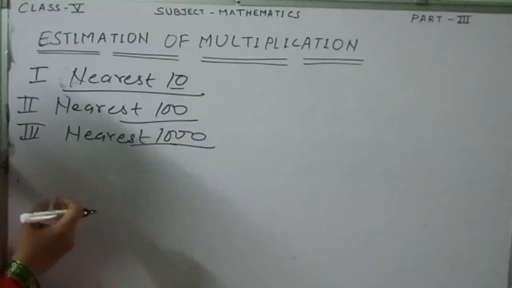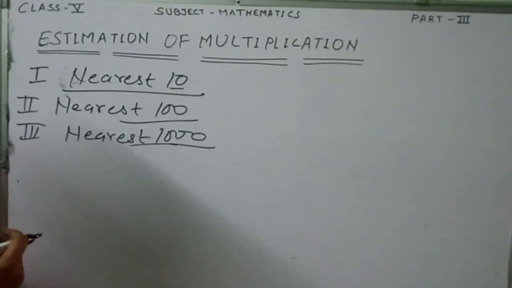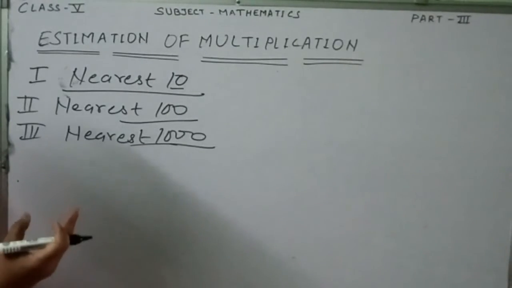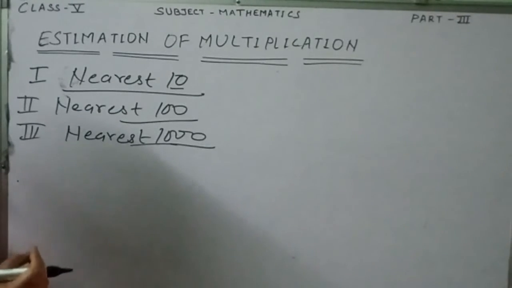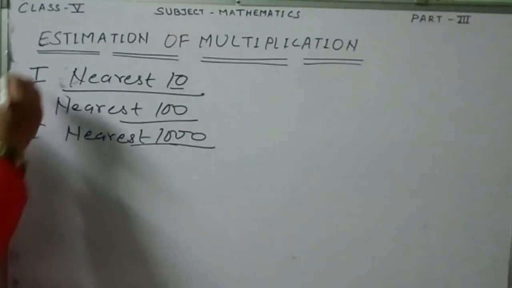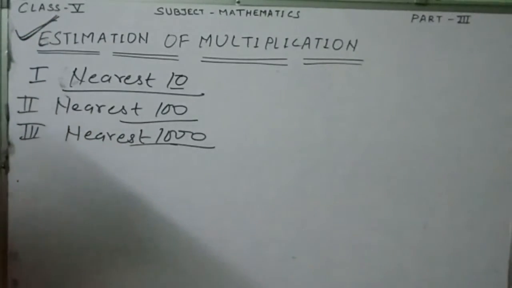If it is less than 5, there is no need to add anything to the next number; we simply write it, and after the given number we put 0. Okay, now we have to find the estimation of multiplication of the given numbers.